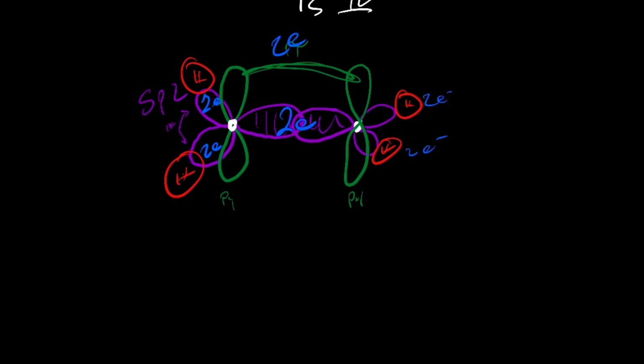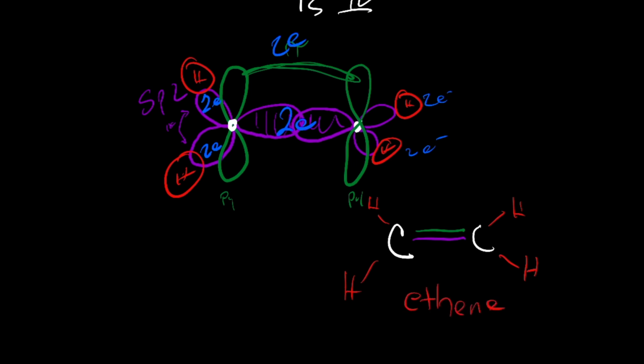What's that look like when we draw that out in pretty organic chemistry? Carbon, sigma bond, pi bond, carbon. Let's do our hydrogens. They're going to be 120 degrees apart. Hydrogen, hydrogen, hydrogen, hydrogen, and that is the molecule ethene.